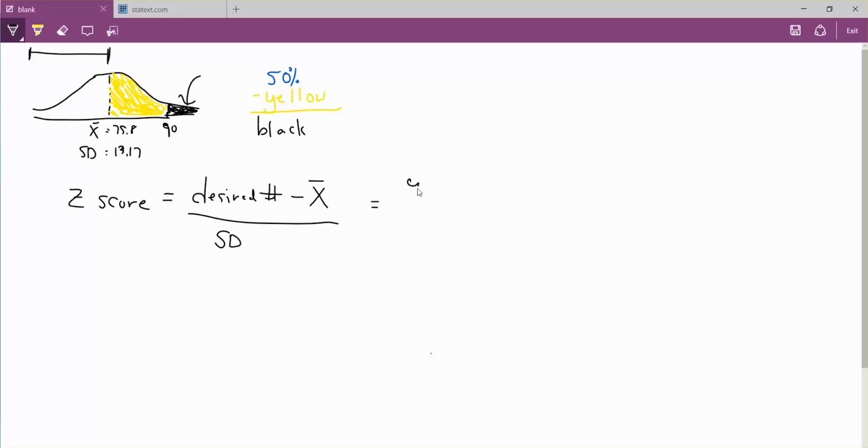In this case, my desired number is 90. Obviously, I need a lot more practice with this writing tool. The X bar is the 75.8, and the standard deviation is that 13.17. I'm just going to crunch this fairly quickly.